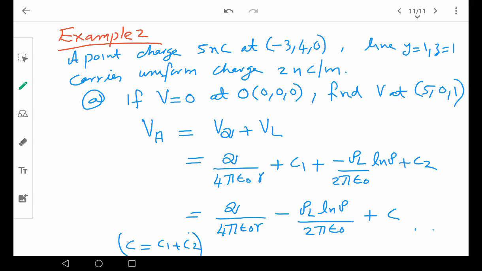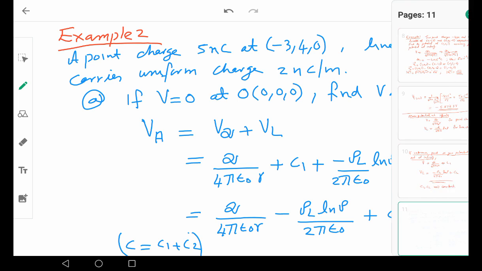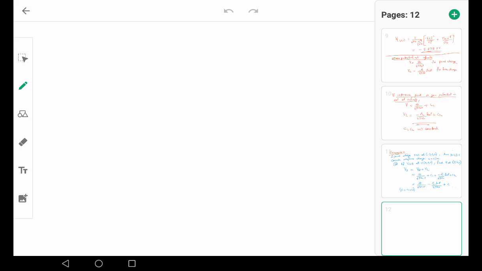The potential V equal to 0. You have V0, the potential at the origin. What is it?